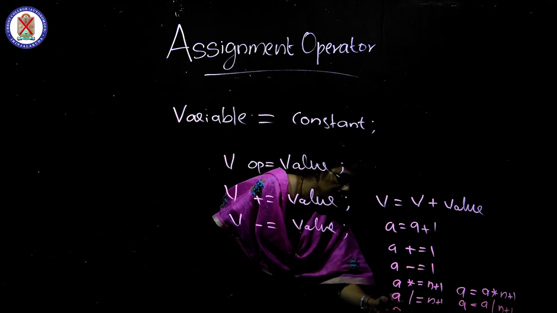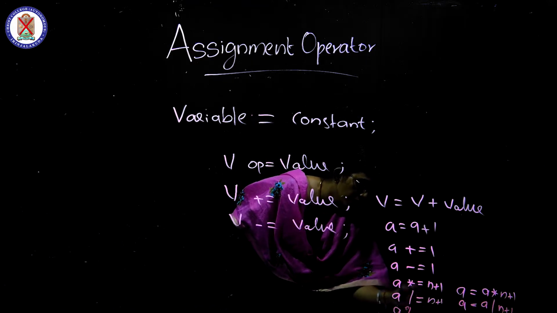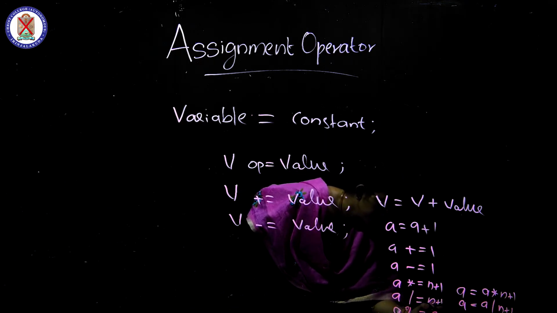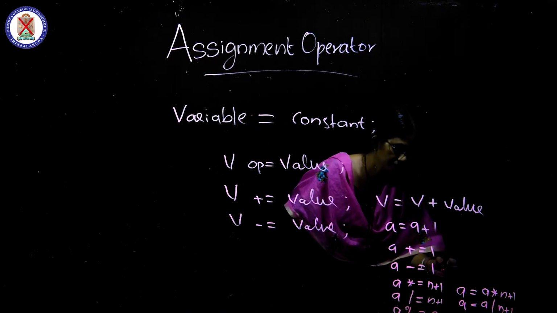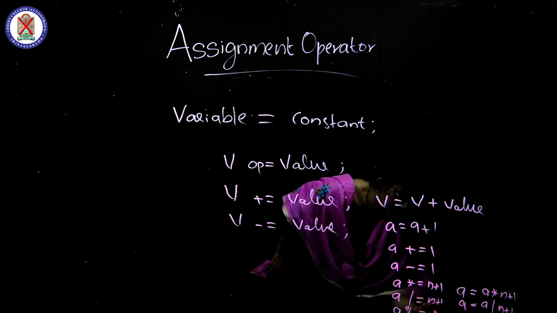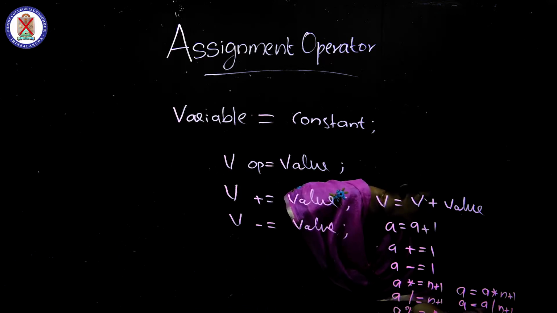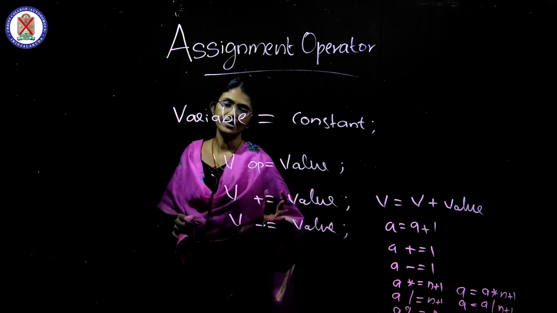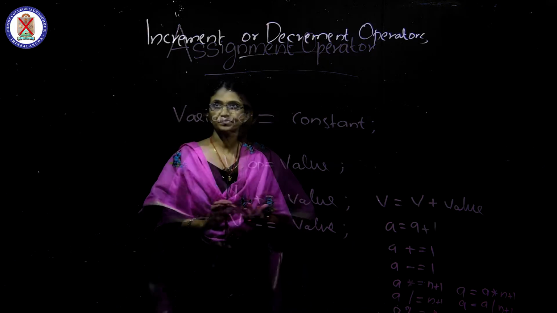And the modulus operator can be used for assigning. A modulus equals n means a equals a modulus of n. These are the assignment operators supported by C programming.